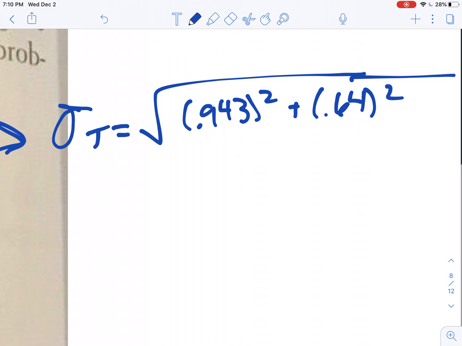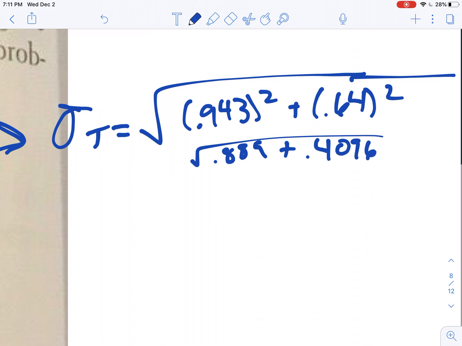So I'll go ahead and pull out my handy dandy calculator here. So I've got 0.889 plus 0.4096.